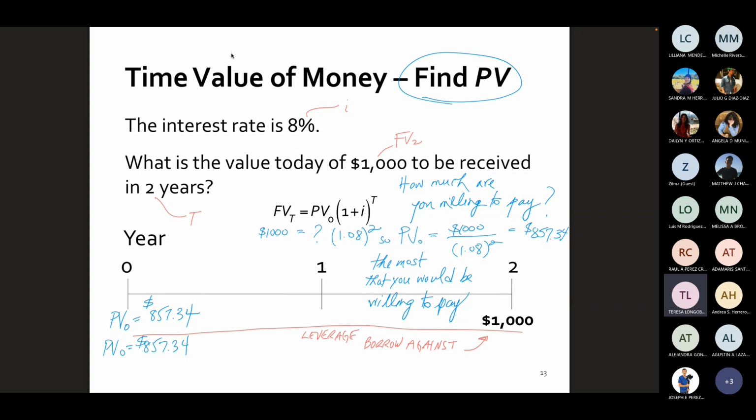Well, I could borrow, and when I get the $1,000 in 2 years, pay back the loan. The loan would be at 8% because that's the only rate that exists that I'm using. So this $1,000 will pay it off.